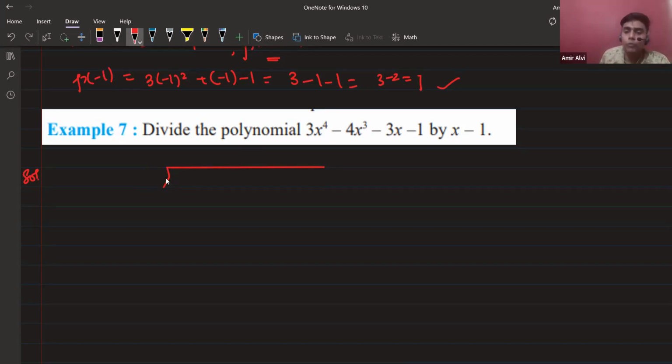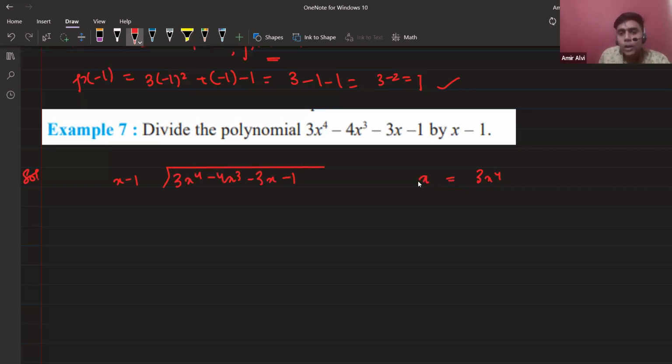Tell me, why is everybody silent? Simrat, Abdul. 3x raised to 4 minus 4x cube minus 3x minus 1 goes inside, and x minus 1 should be written outside because it's the divisor. Now I want 3x to the power 4, and I have x.